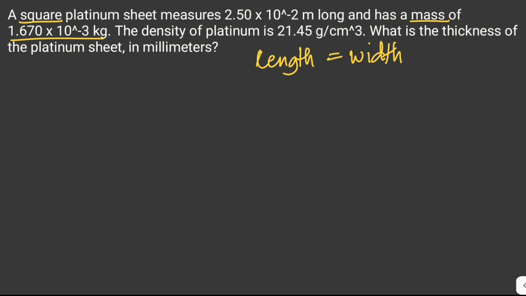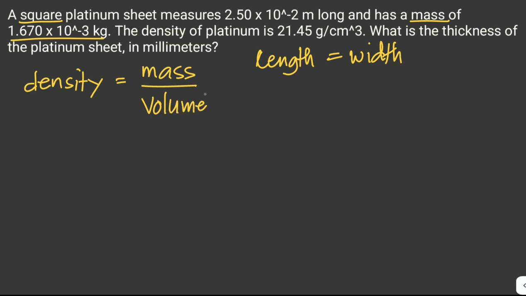density of platinum. So we know that density is equal to mass over volume. And volume is just equal to the length times width times height, or let's say thickness, because we are asked for the thickness here.